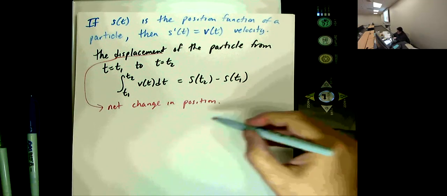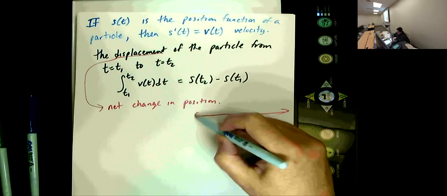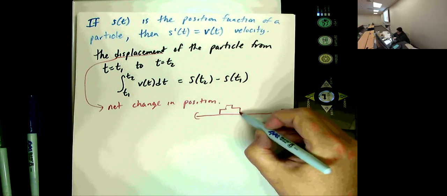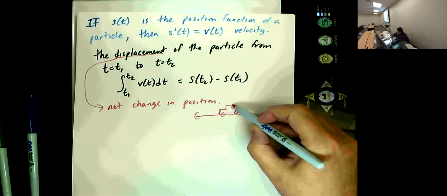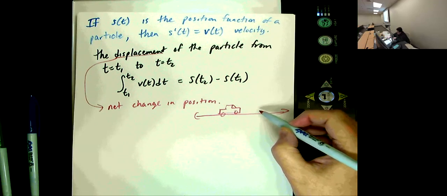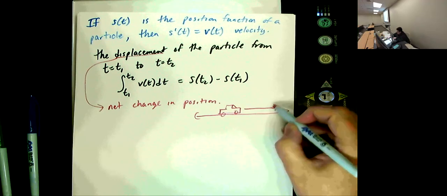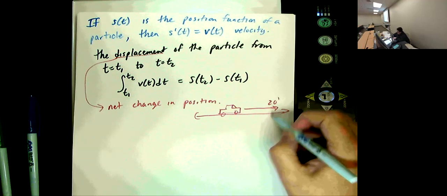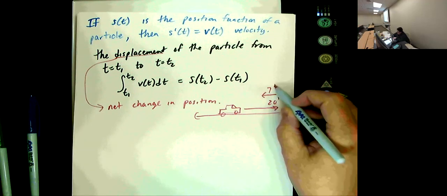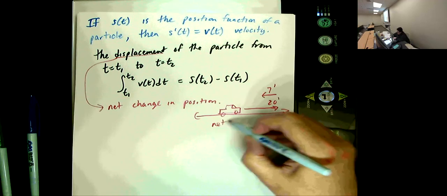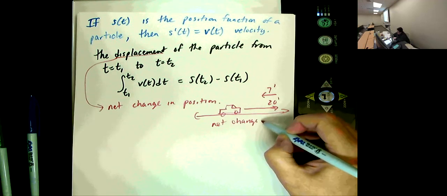So if it's just on a road, let's say it's a car, and it pulls forward, goes forward 20 feet, but then it backs up 7 feet. The net change is 13 feet.